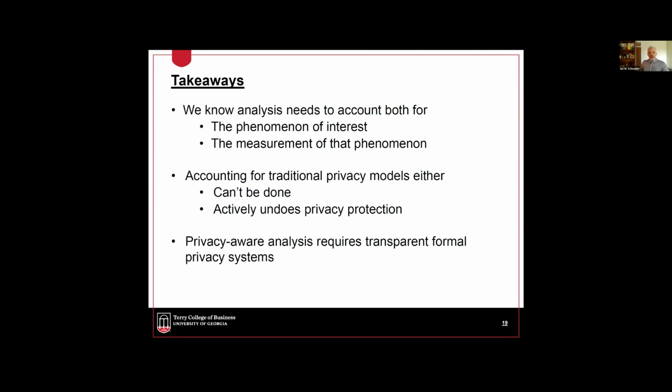We know that analysis needs to account for both the phenomenon we're interested in and the way that phenomenon is being measured and reported to us. But accounting for traditional privacy models either can't be done or, in extreme cases, actively undoes the privacy protection we were trying to achieve in the first place. What that means is that privacy-aware analysis requires more transparent formal privacy systems.